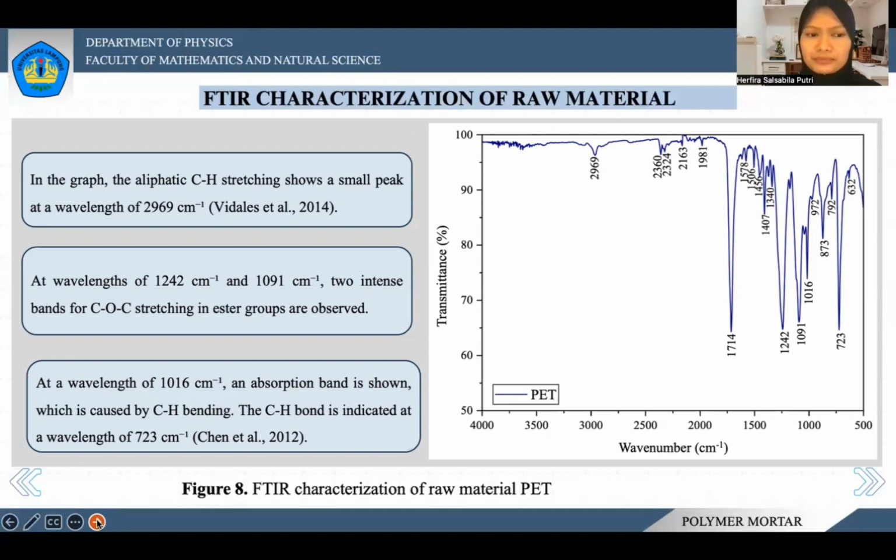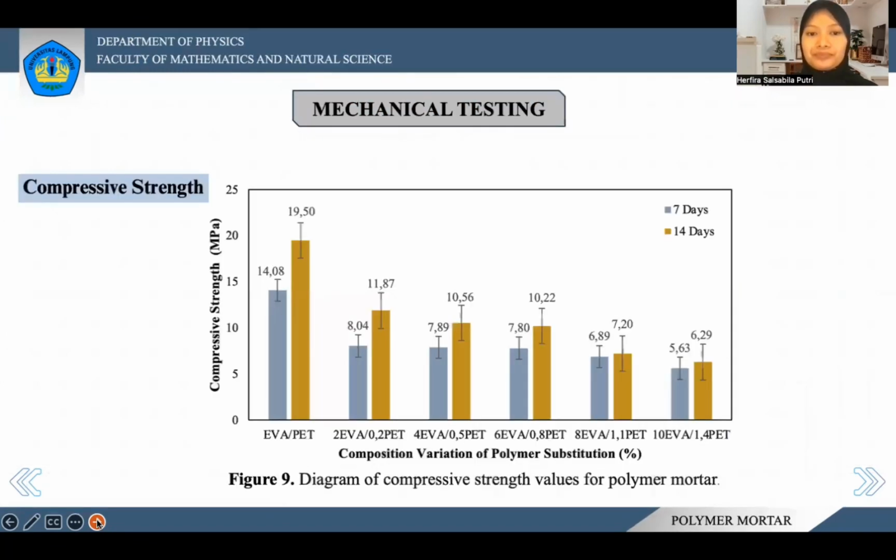And then the C-O-C stretching in ester groups at 1,242, 2,091. And then the C-H is at wave number 1,060. Okay.